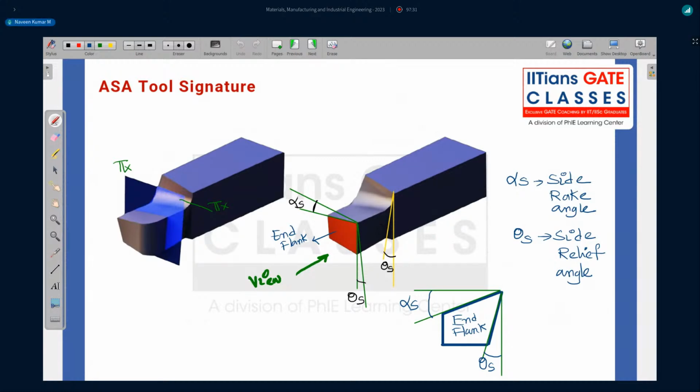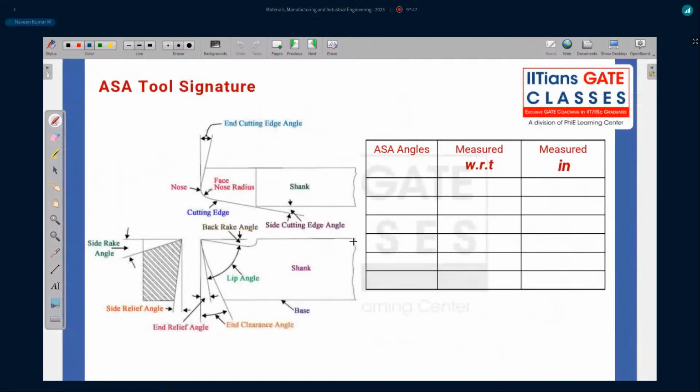Now I told you we are going to write all these things in a predefined sequence, and then we'll make up the ASA tool signature, right? So before that, each angle has to be written with respect to some plane and measured in some plane, right?